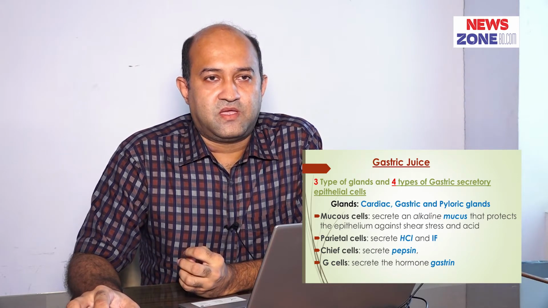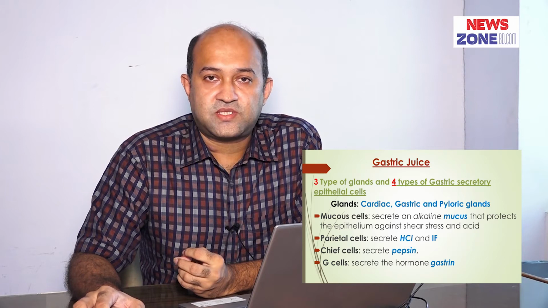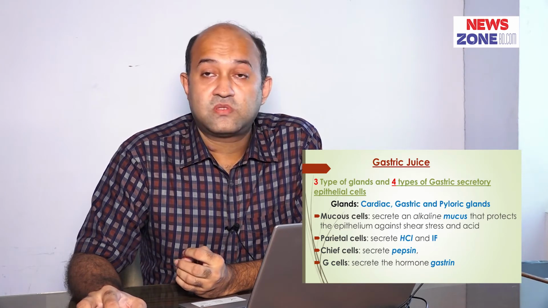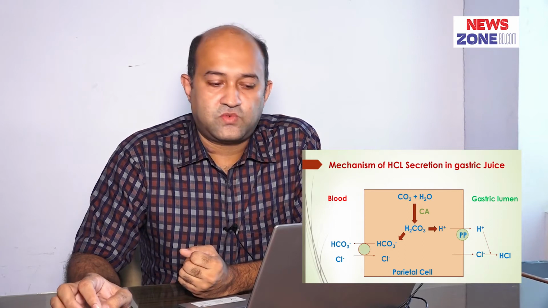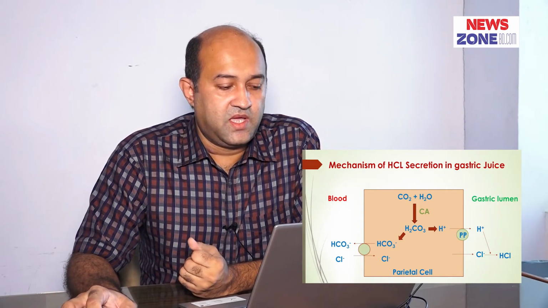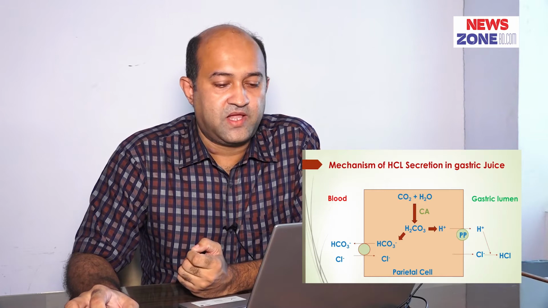Sometimes examiners will ask you in the professional exam how hydrochloric acid is produced inside the parietal cell. Inside the parietal cell, carbon dioxide combines with water to produce carbonic acid, and this carbonic acid dissociates again into hydrogen and bicarbonate. The hydrogen goes into the gastric lumen, and bicarbonate goes back to the blood in exchange for chloride.